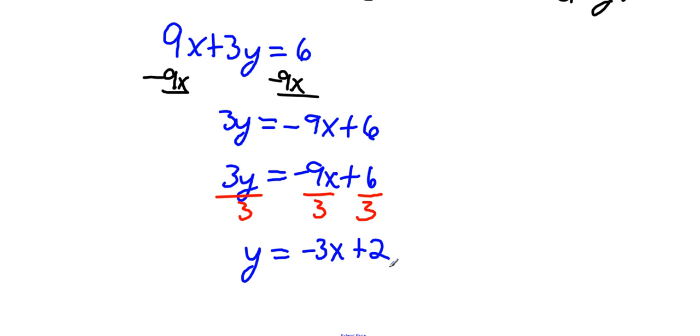And now they're going to go ahead and ask you two things. They're going to ask you what is the slope. So you've got to tell me that the slope is negative 3. And then the y-intercept. And in this case, they're going to let you do just the value.